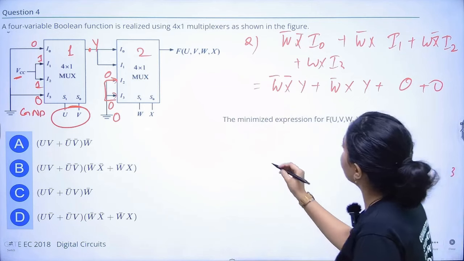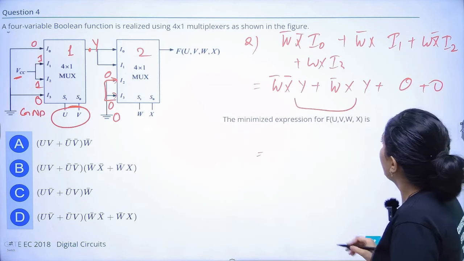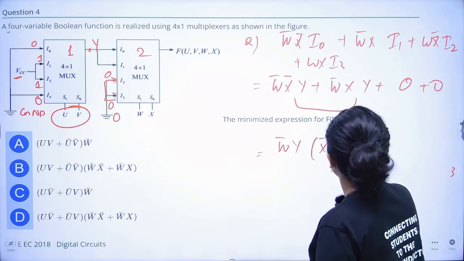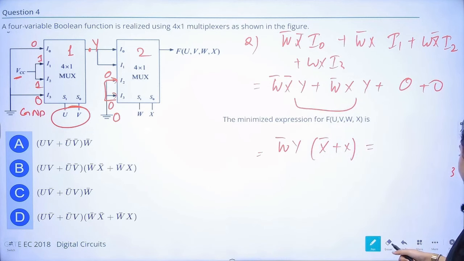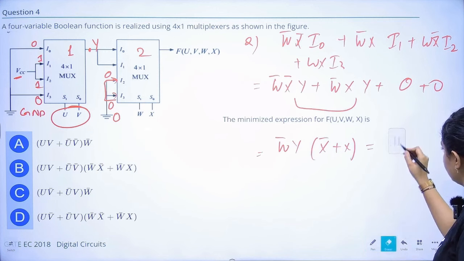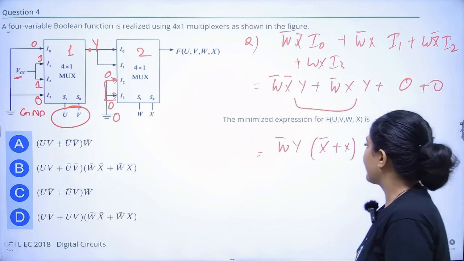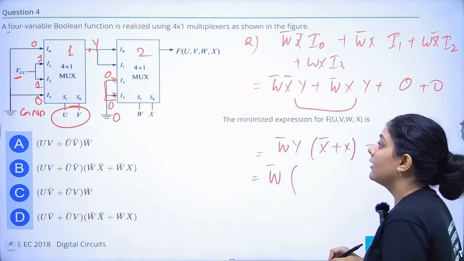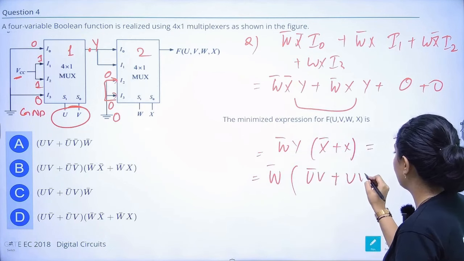Solve it a little here only. That is W bar Y is common. X bar plus X will become 1, right? So the value for Y is nothing but U bar V plus U V bar.